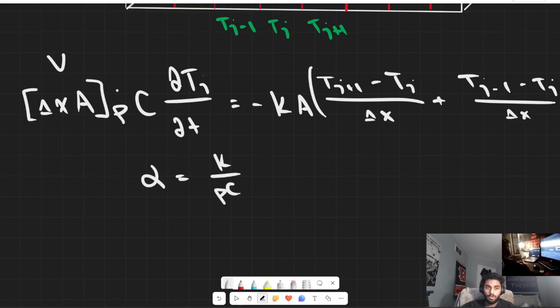And what we have over here, if we divide this over, is actually the inverse of that.